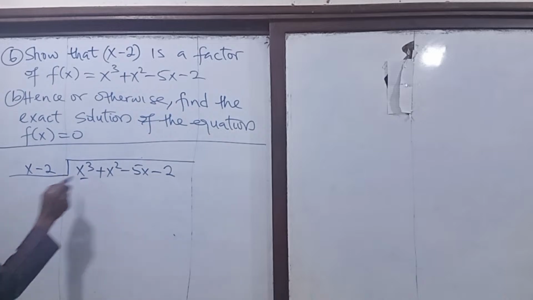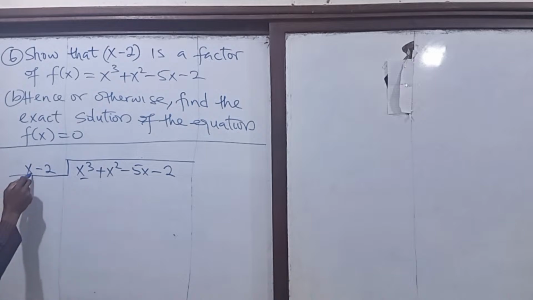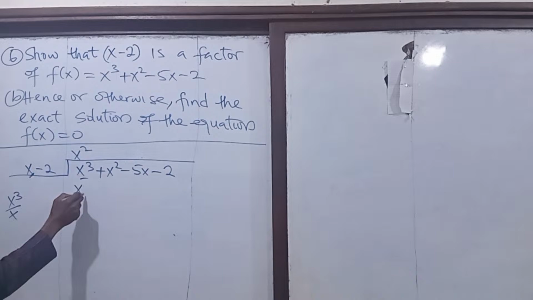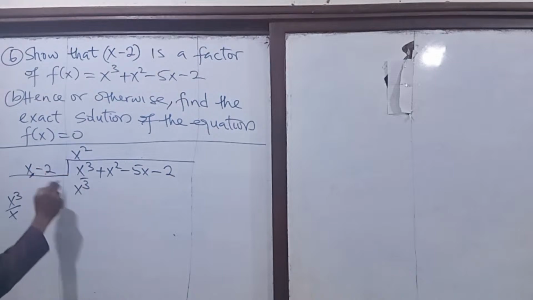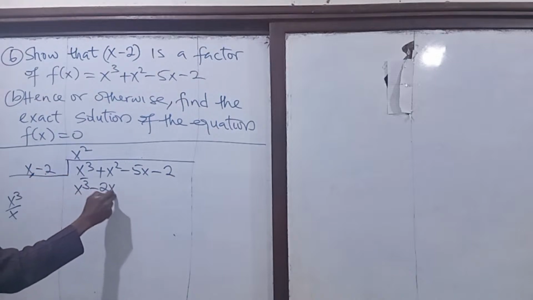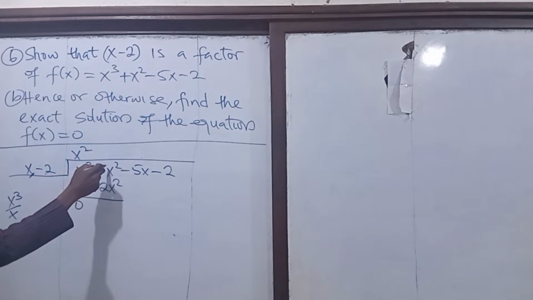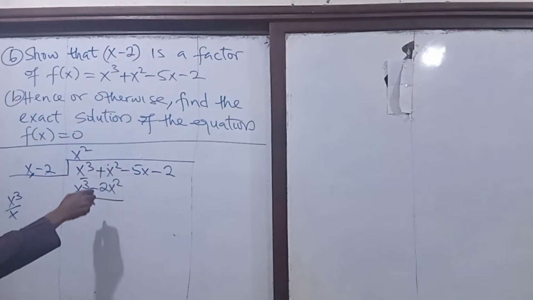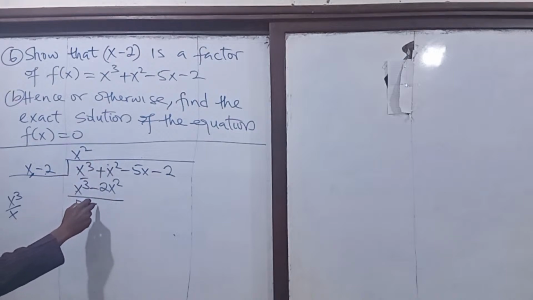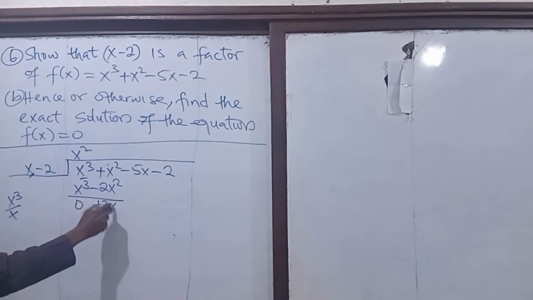The first term, x cubed, you divide by the first term, that'll be x squared. Then multiply: x squared times x is x cubed, x squared times minus 2 is minus 2x squared. Do your subtraction. x cubed minus x cubed is 0. x squared minus 2x squared is a plus 3x squared.